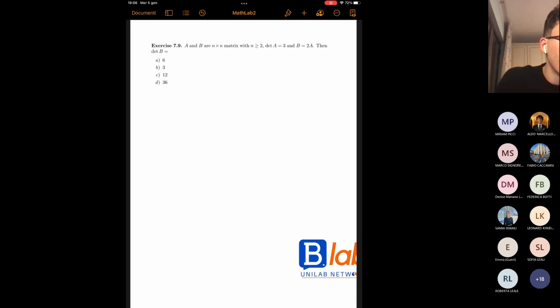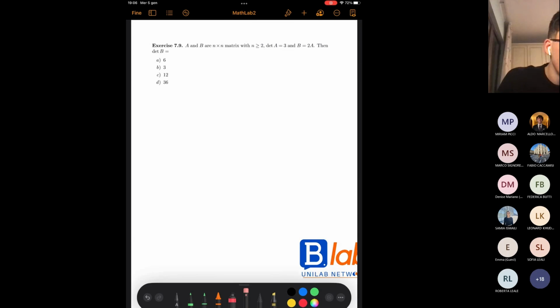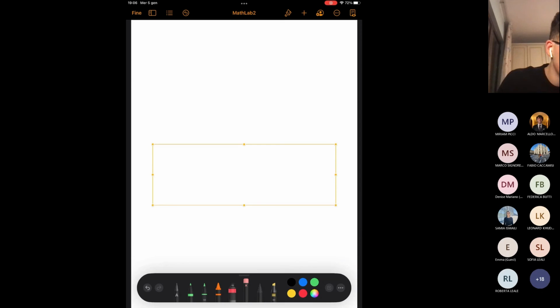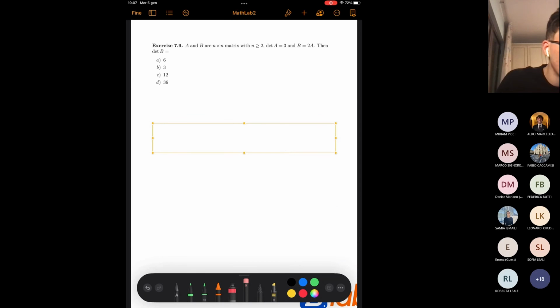Why do we have this difficulty analyzing these results? Because the important part about this exercise is always to consider the formula about determinants.